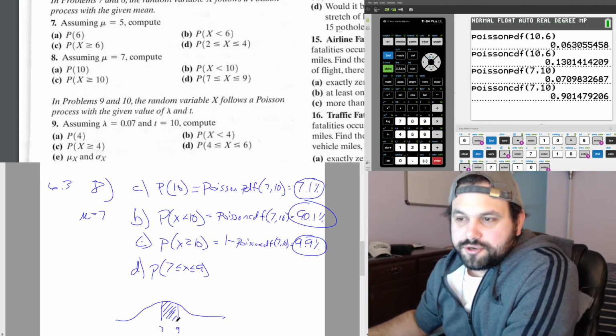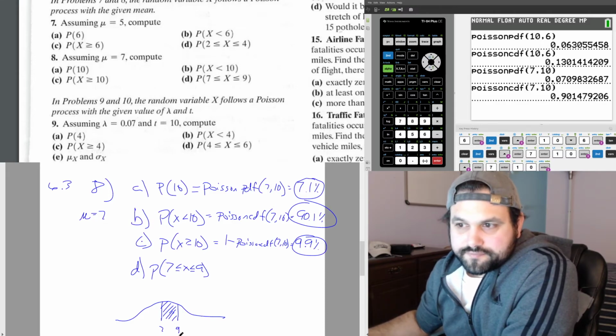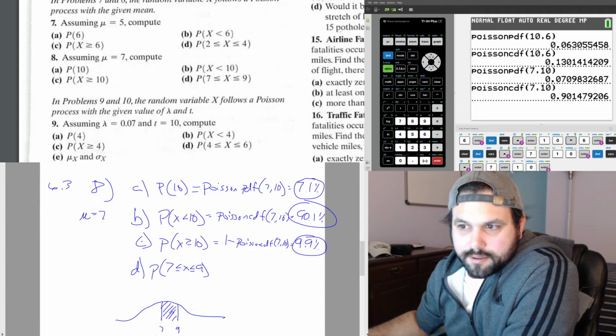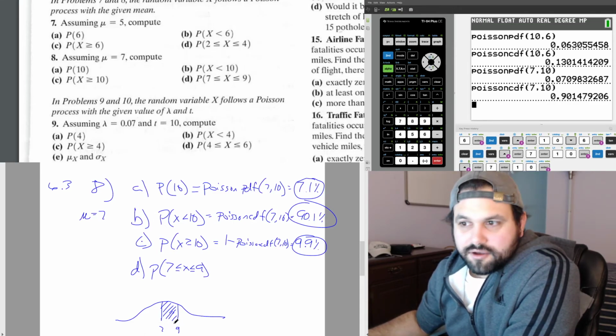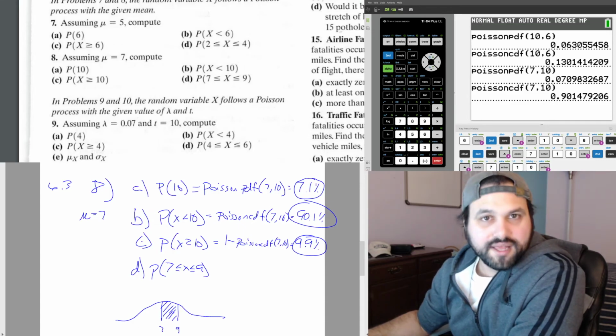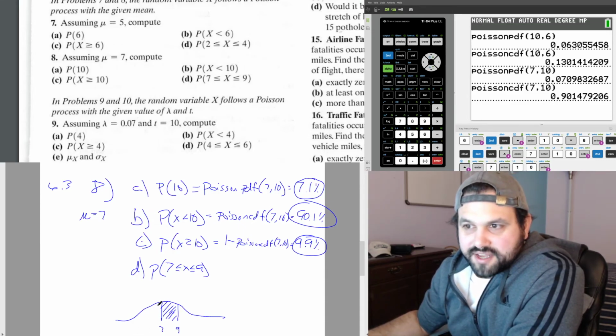So if I get the CDF for 9, the CDF for 9 gives me from 9 all the way left. And if I get the CDF for 7, there's the CDF for 7.